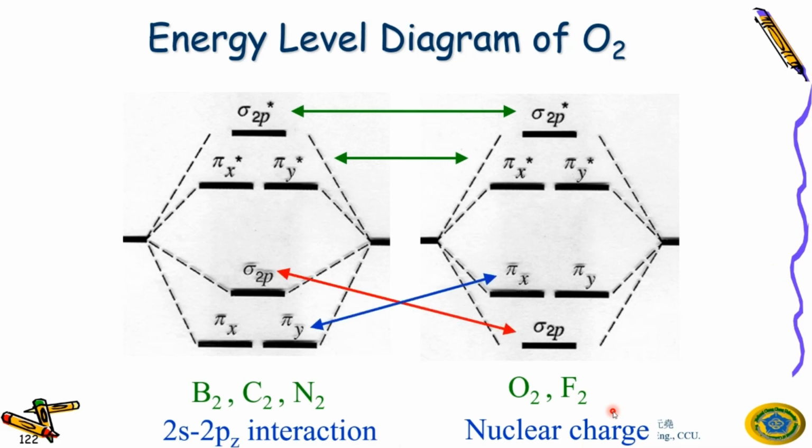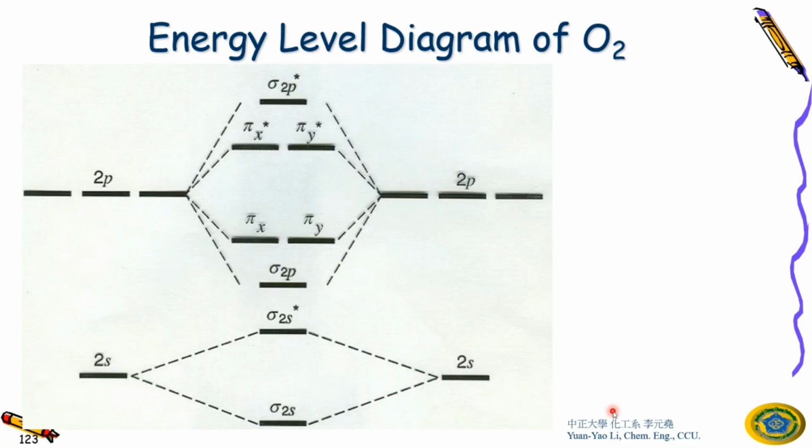So let's write down the energy level diagram. Actually we have 8 electrons, right? So we have 8 electrons in the s and 2s, 1, 2, 3, 4, 5, 6.